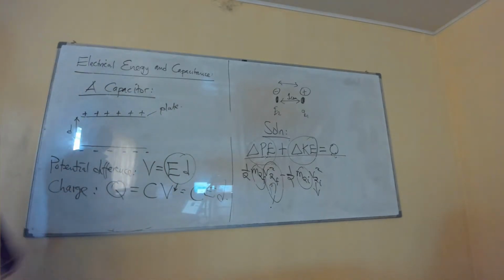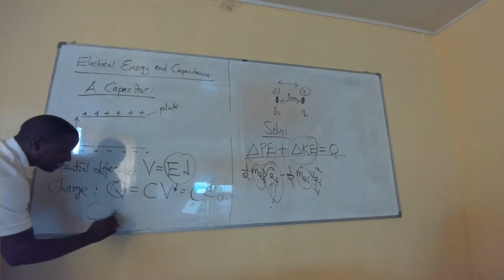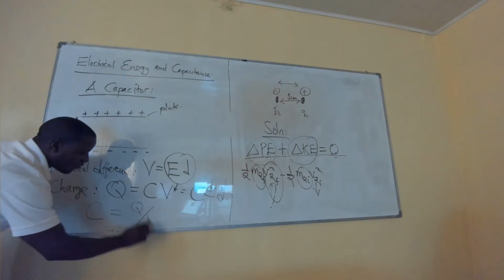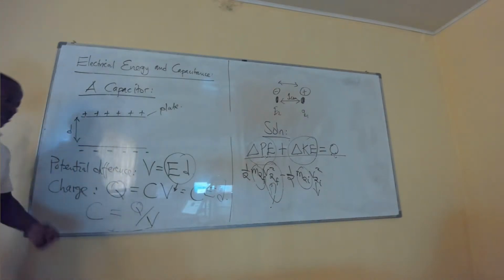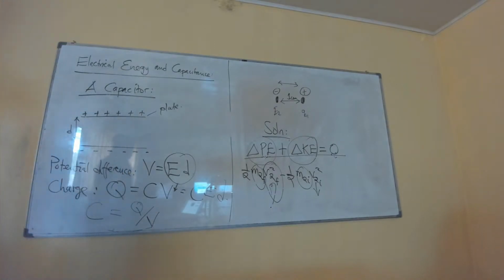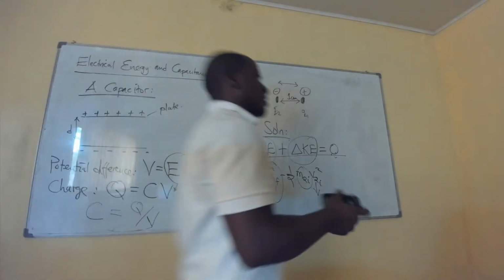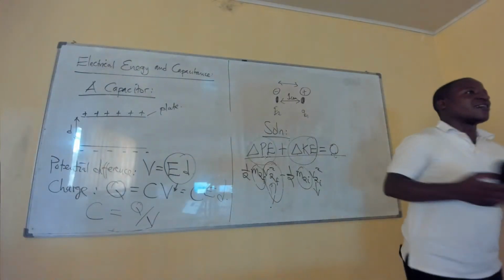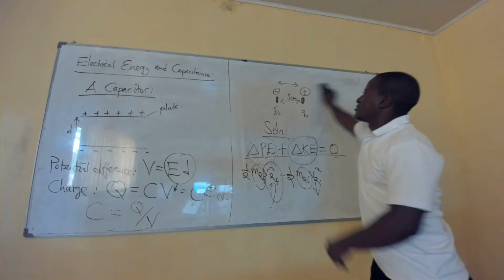Or you can simply say capacitance is nothing but charge over what? Over potential difference. As simple as that. Okay, let's move on to capacitance and understand how the area of a capacitor actually affects capacitance.